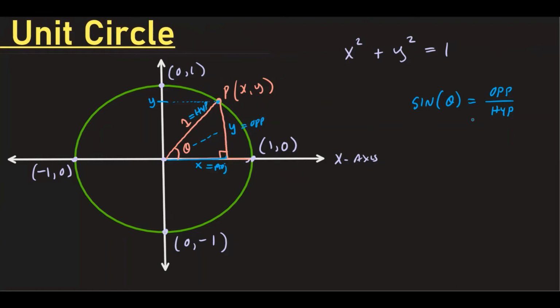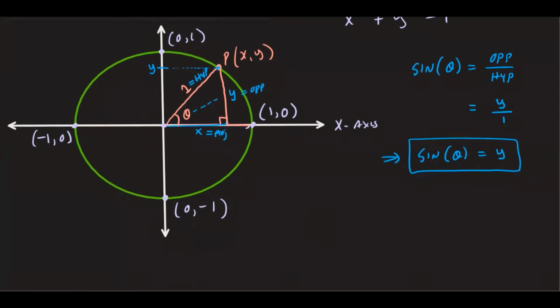So therefore, we can rewrite our sine definition as opposite, which is y, over hypotenuse, that's 1. So we can say that sine of theta is equal to y. So the y coordinate corresponds to the sine of the given angle. So this is super important.